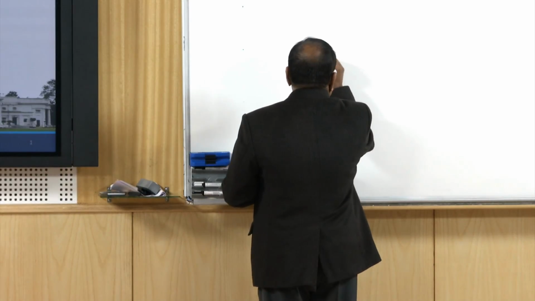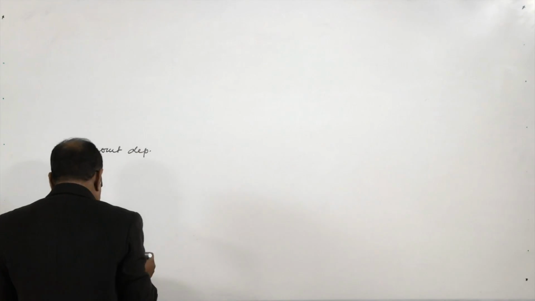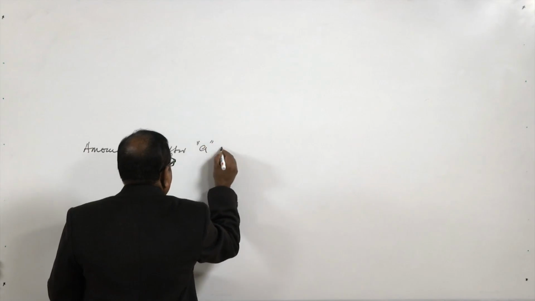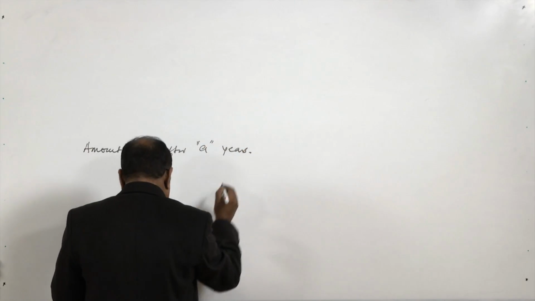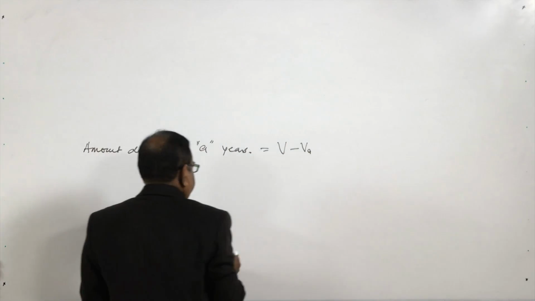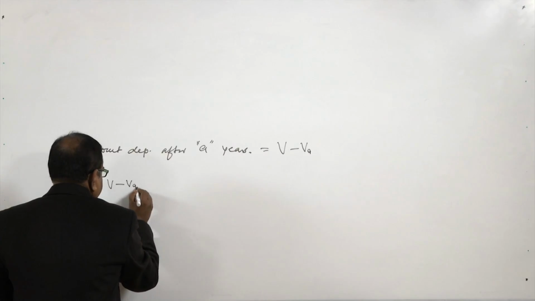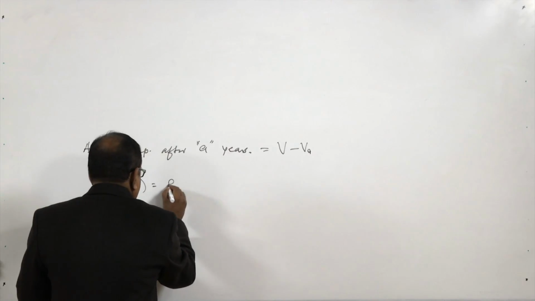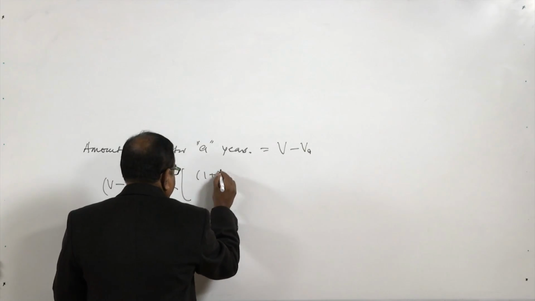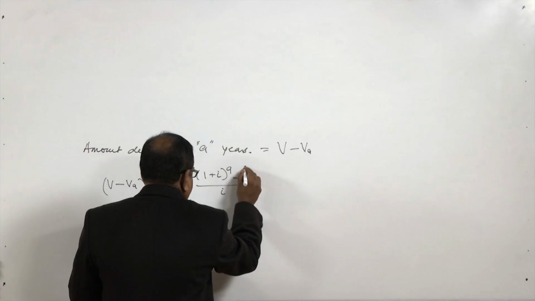The amount depreciated after A years is equal to V minus VA, and we can write V minus VA is equal to R times (1 plus i)^A minus 1 divided by i.